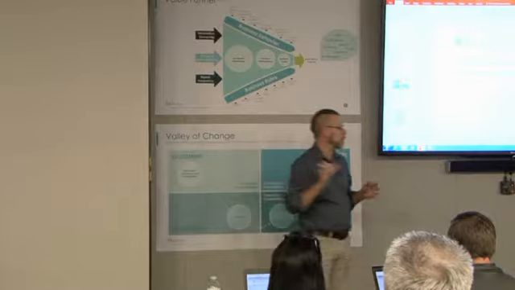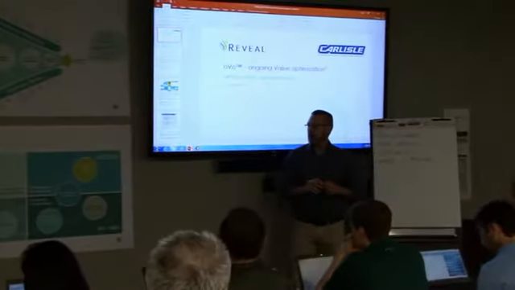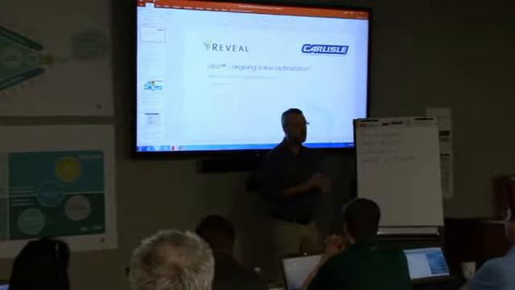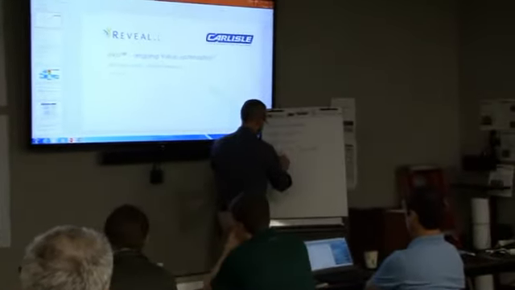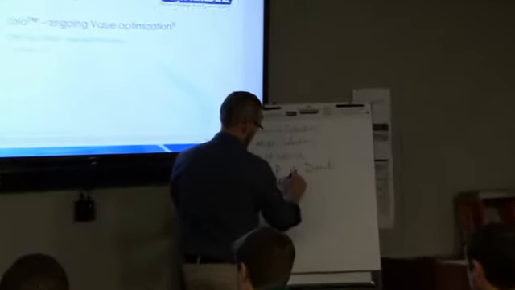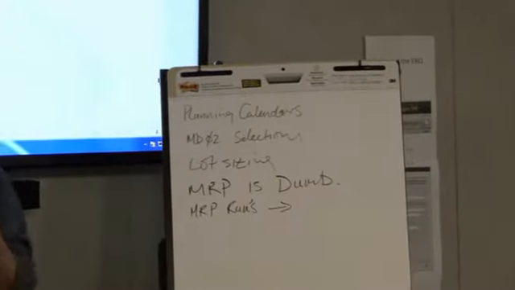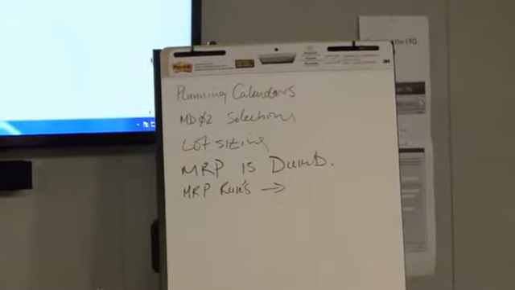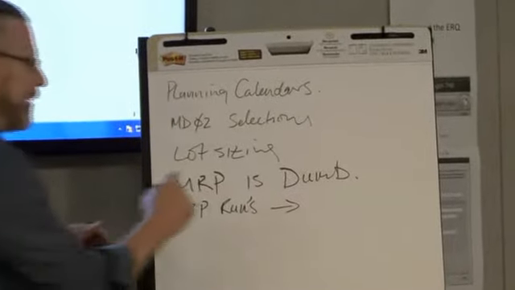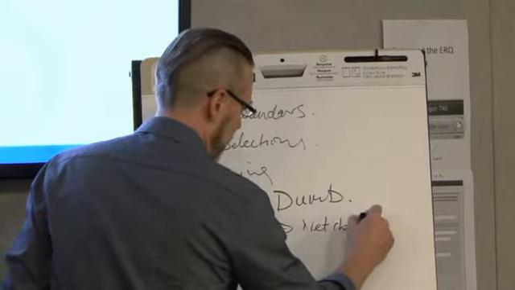Yeah, so anything else that we learned today? Types of MRP runs, great. Do you remember what those are? Four or five? Oh, not giving it away. Net change? Yep.